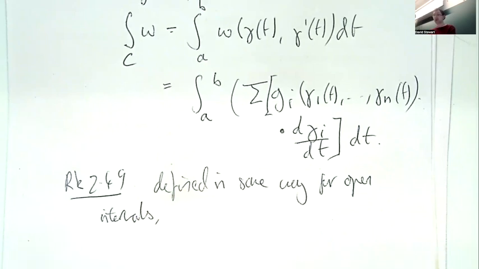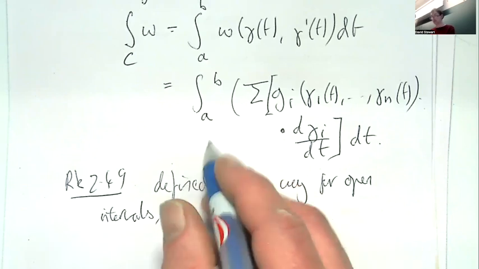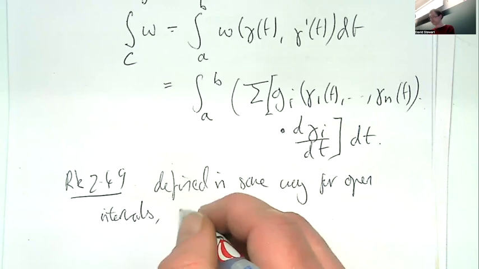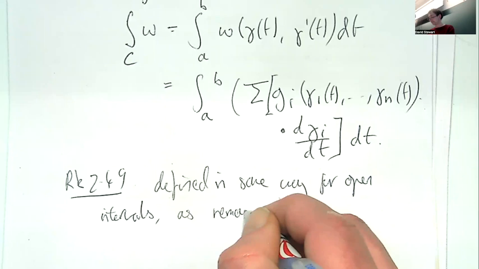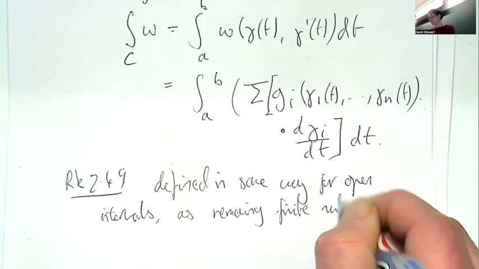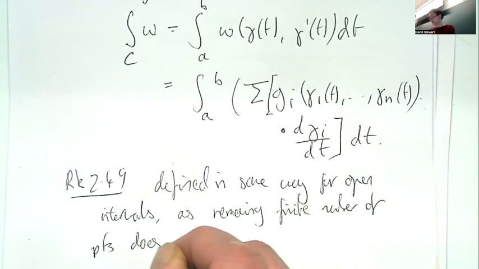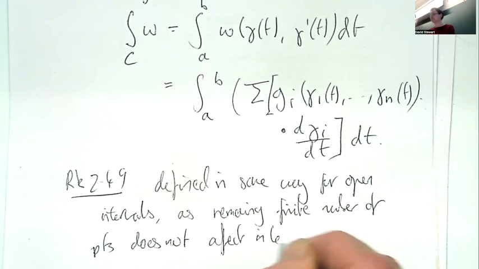Because if you're removing a finite number of points from a curve, then you're not going to affect the integral. That's just an infinitesimal amount of difference, so it doesn't change. So removing a finite number of points does not change the integral.